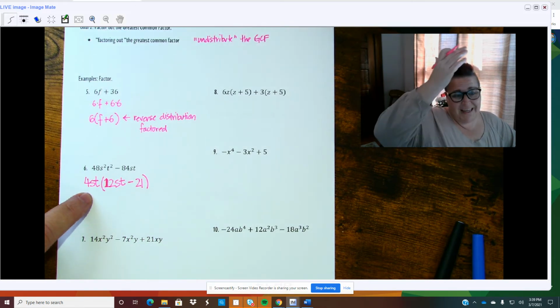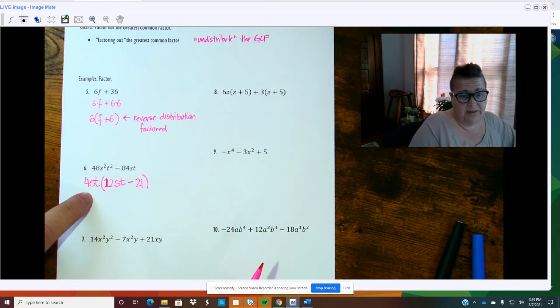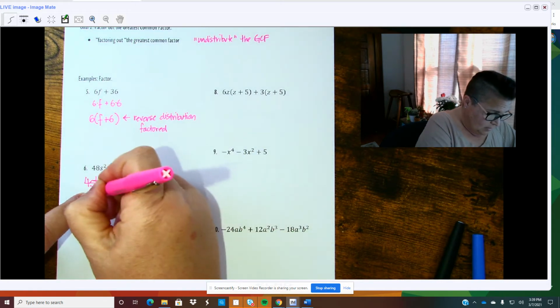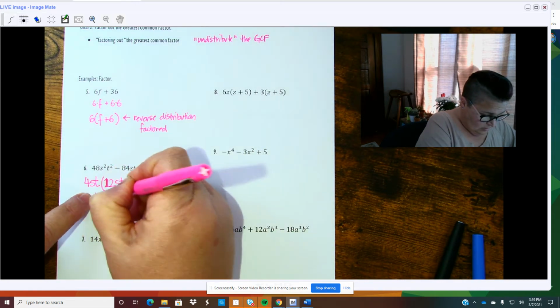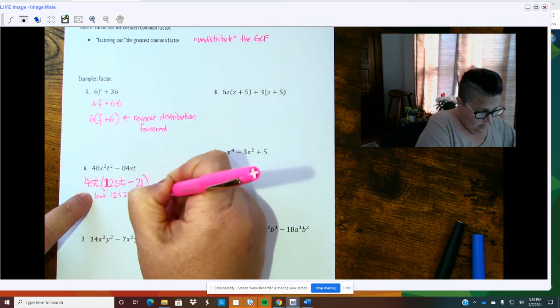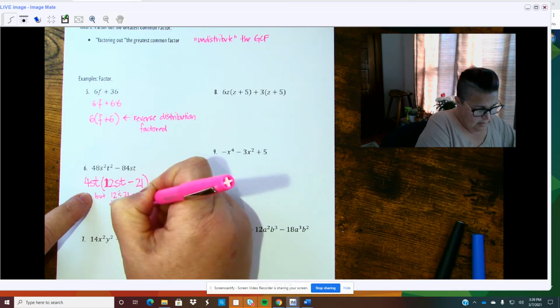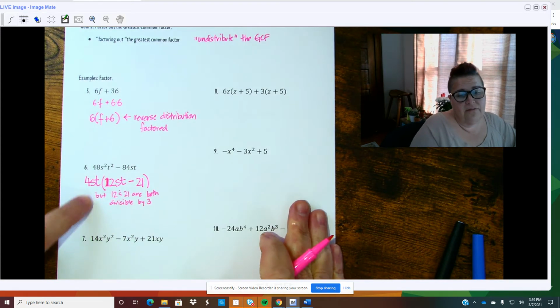The problem here is that 12 and 21 have a common factor. So 12 and 21 are both divisible by 3. So how do I fix this?